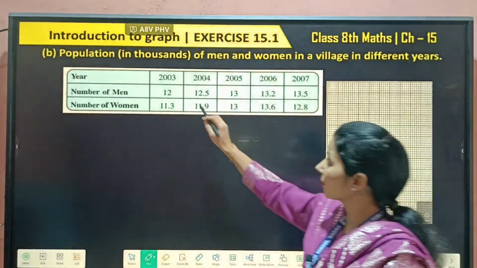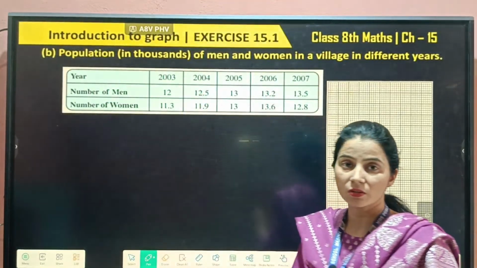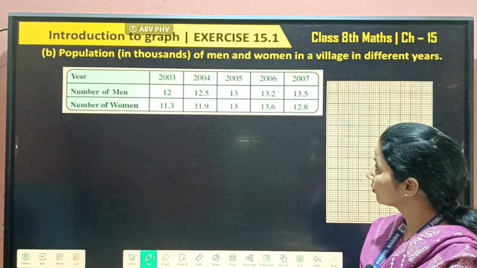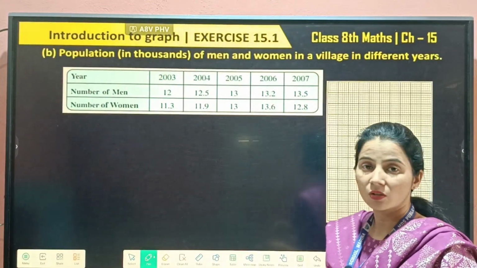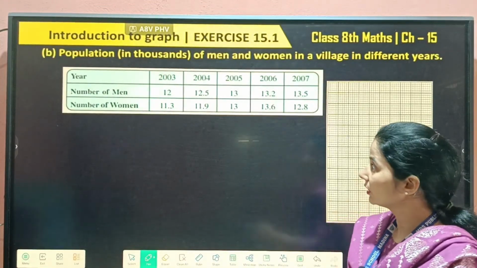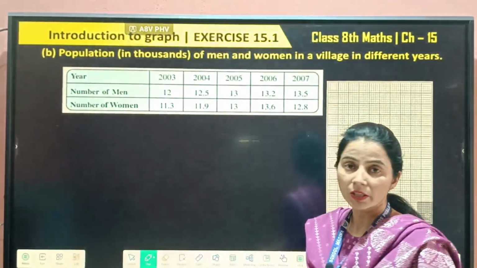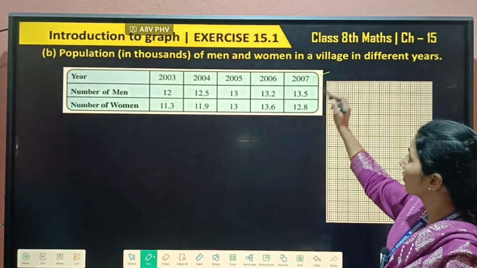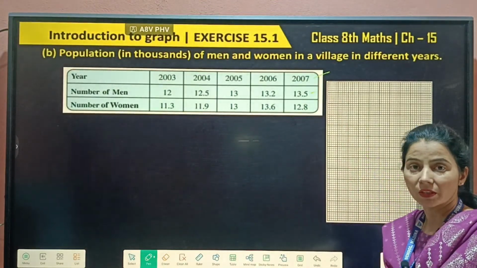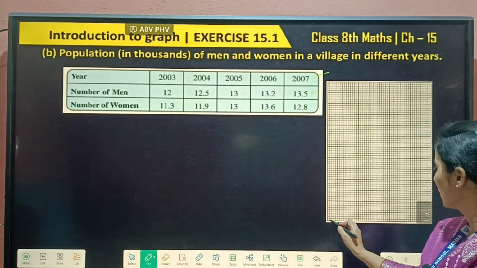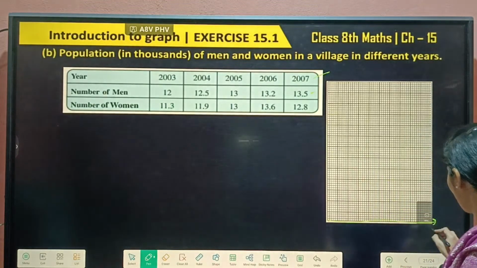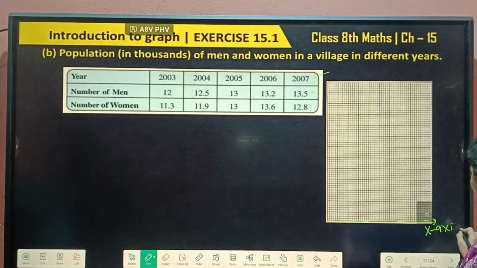The number of men depends on the year. Means in 2003, the number of men was 12,000. In 2004, the number of men was 12.5 thousand. So the number of men depends on the year. So I will consider this the independent variable and this the dependent variable. The independent variable I will consider on the x-axis. This is the x-axis.